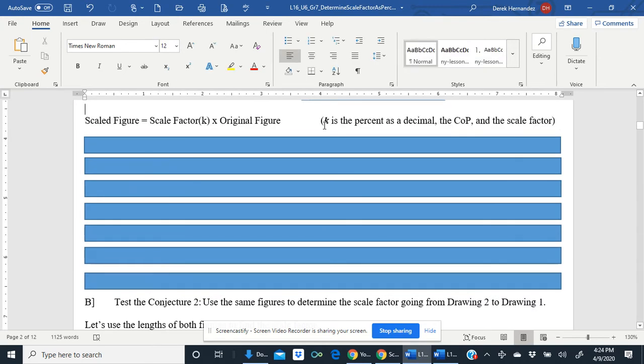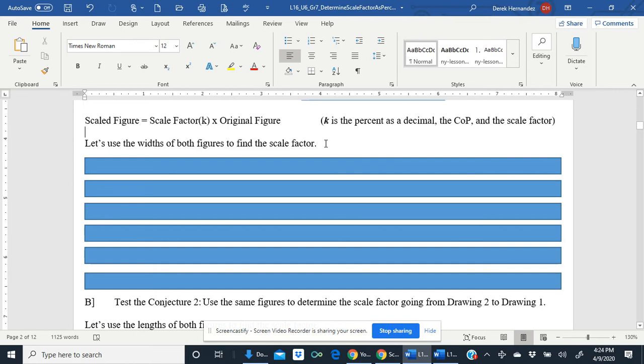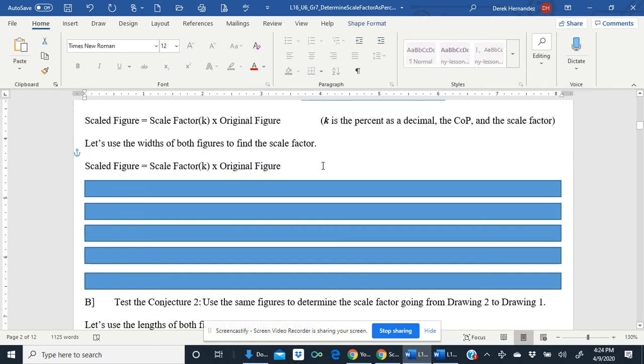There's our equation. Scaled figure is equal to the scale factor k times the original figure. Let's use the widths of both figures to find the scale factor. Here's our equation again.